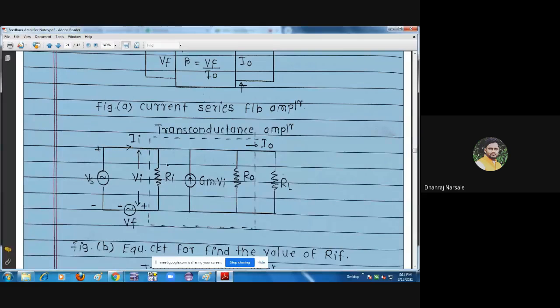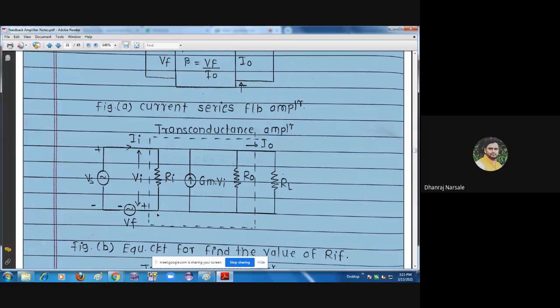Then here comes RI times the flowing current. Then plus to minus, that is plus VF, is equal to 0. Minus VS plus RI into I, or you can say II, plus VF is equal to 0. Is it correct? By applying KVL to the input side loop, what is the equation? Minus VS plus I into RI plus VF is equal to 0.